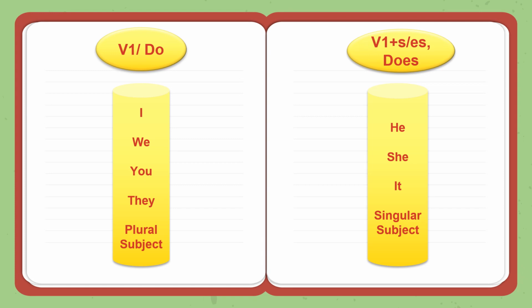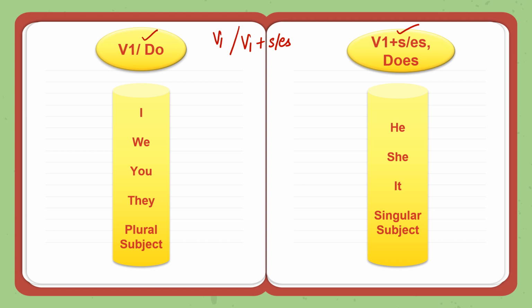Now, let's understand when to use V1 and when to use V1 plus S or ES. We have learned that in present simple tense, we use either base form of verb or base form plus S or ES.